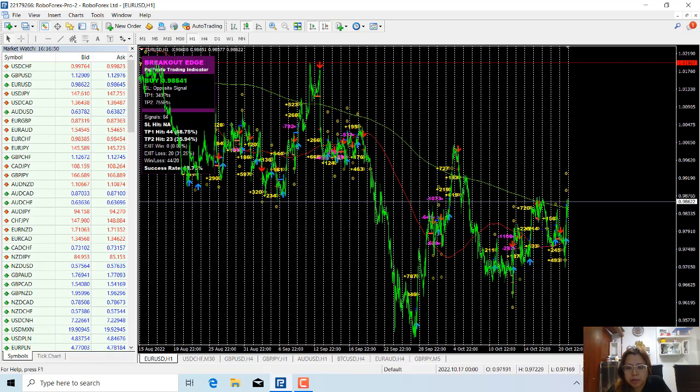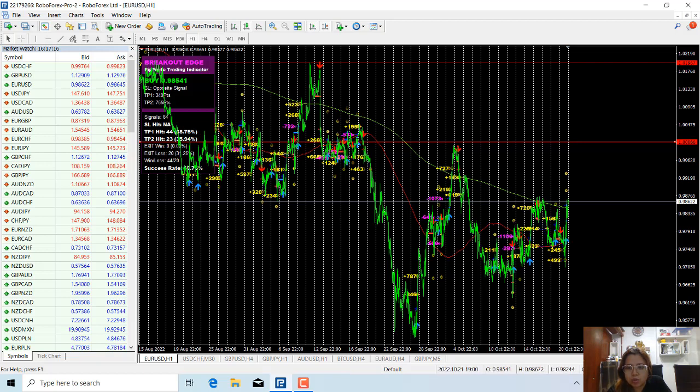So we will be expecting that most traders are waiting for this high right here. So this is a resistance. If you examine where that resistance is, it would be at 1.0967. So this is the high.